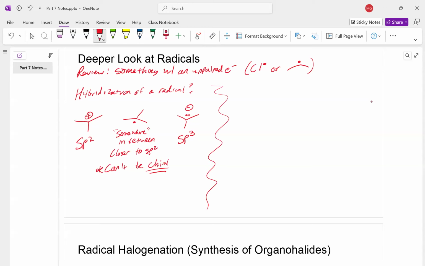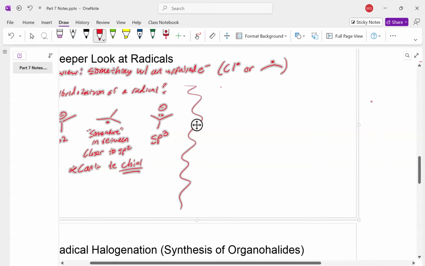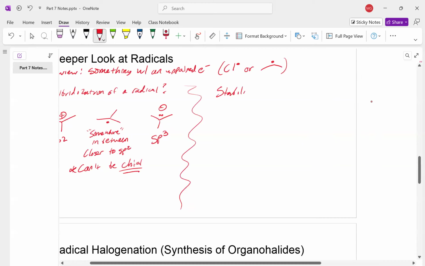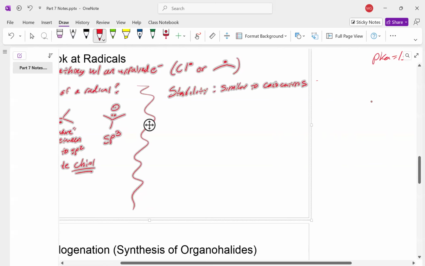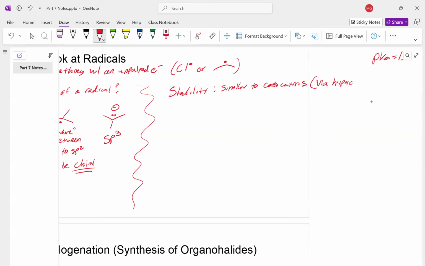Now let's talk about the stability of radicals. They're very reactive, but they seem to follow an order of stability very similar to carbocations. And the reason for that is, like carbocations, they are stabilized through hyperconjugation.